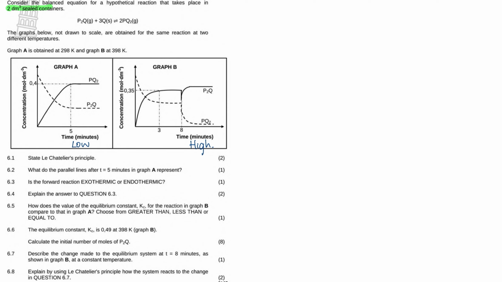Well, it tells us that equilibrium was reached, right? Question 6.3, is the forward reaction exothermic or endothermic? I'm going to refer to graph B when I'm answering this, because in graph B, we increased the temperature. But also, we noticed that the amount of product decreased.